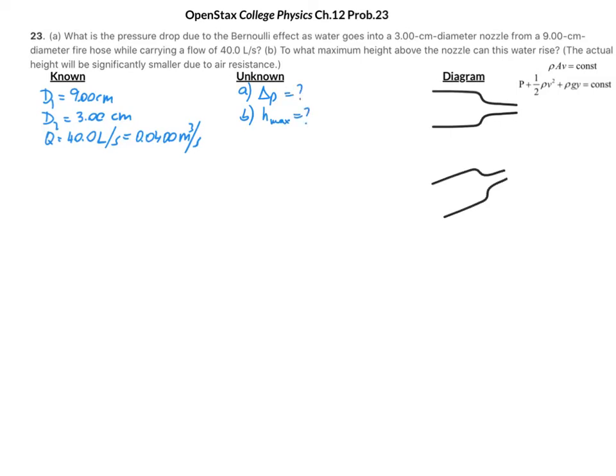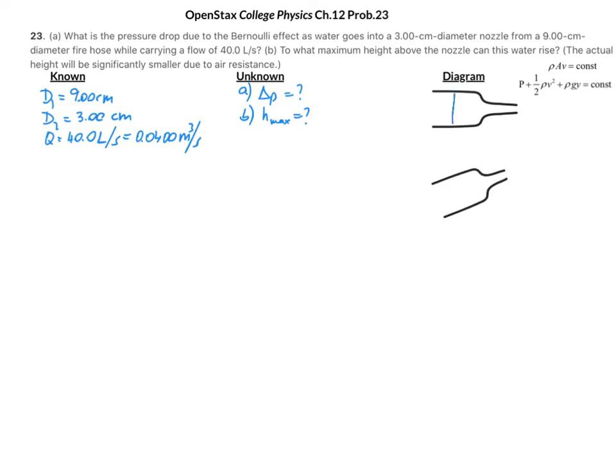So let's look at our equation sheet here. What I have here is an equation for the volume flow rate. Since we're just dealing with water, we can drop the density out of this and end up with AV equals constant. So the area here times the velocity in here is equal to the area there times the velocity there. We can draw this here.